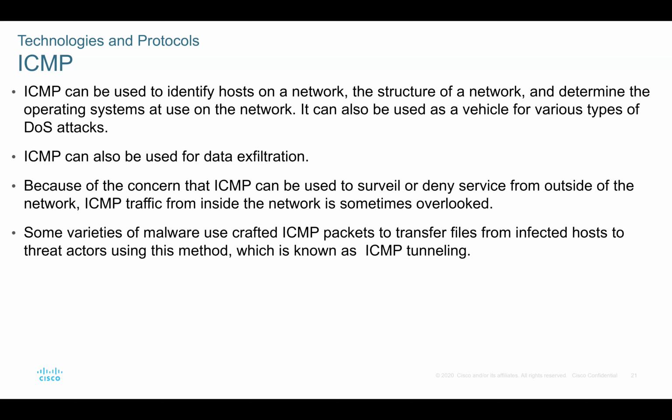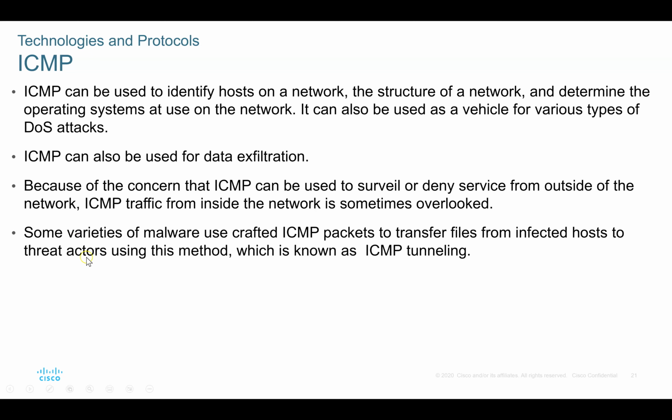ICMP, the Internet Control Message Protocol, is where the pinging happens. Remember, we talked about that in earlier modules. The ping suite, for example, can identify which hosts are connected to the network, and you can find out what ports are open and things like that. So ICMP can be used tremendously.